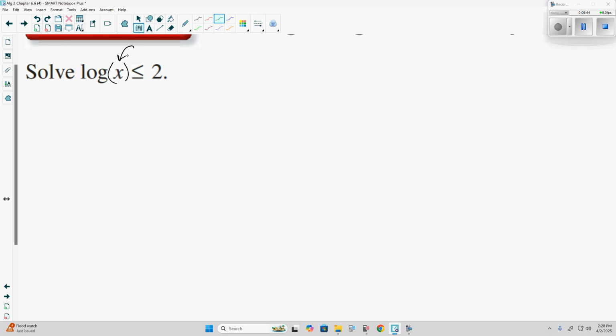So for us here, we do have restrictions. If we look at what's inside the logarithm, for us here that would just be the expression x.